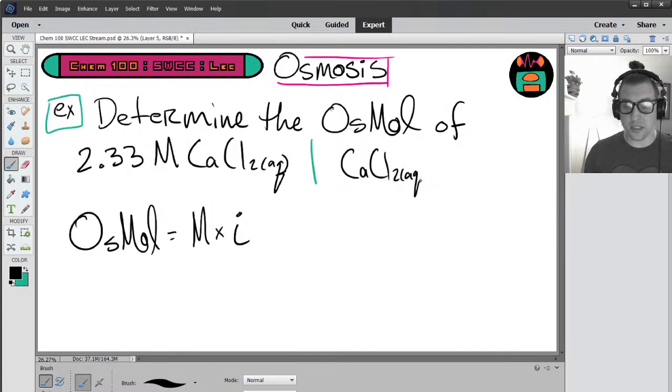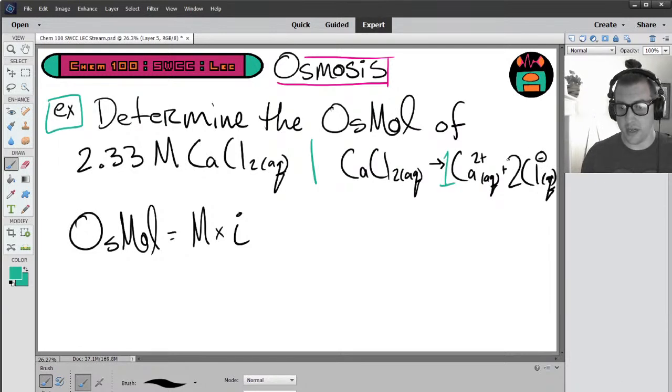at how many particles calcium chloride will break up into, you'll have 1 calcium ion and 2 chloride ions. So our Van Hoff factor here is 1 plus 2, or 3.